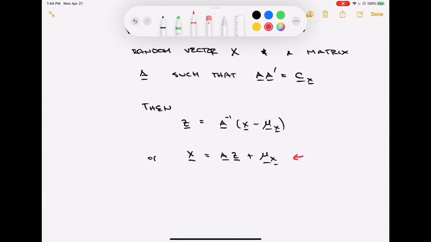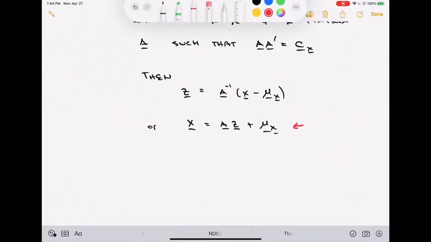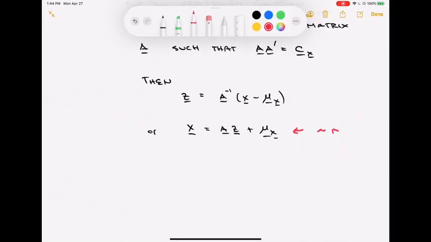We do this transformation, and we get a random vector x that has mean mu x, and its covariance would be A times the original covariance, which was just the identity matrix, times A transpose, which we said was equal to the desired one, Cx. So what comes out of this is distributed normal, mu x, comma, Cx.